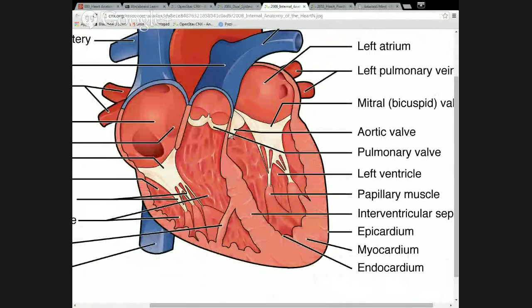The semilunar valves don't have that. They don't need that. The reason why there are chordae tendineae is that the pressure within the ventricles builds very rapidly from almost zero to, well, eventually in normal situations, about 120 millimeters of mercury worth of pressure. And if that pressure is pushing back this way, it could certainly blow the valve back and blood will be pumped the wrong direction.